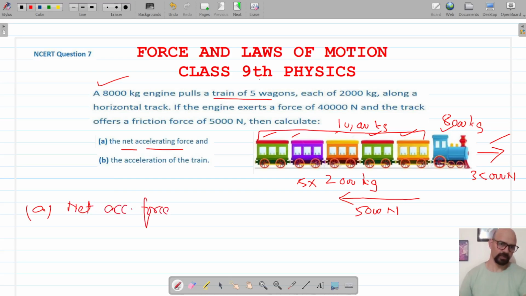So net accelerating force is equal to 35,000 minus 5,000 Newton, which will give us 30,000 Newton.